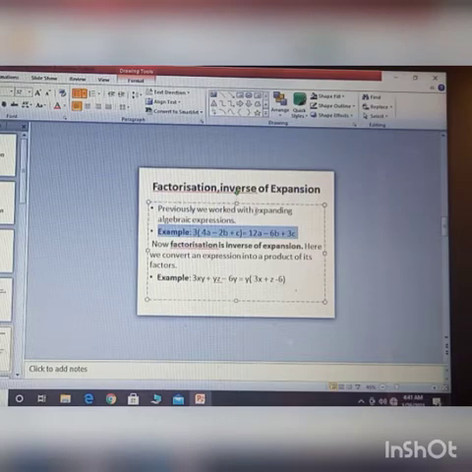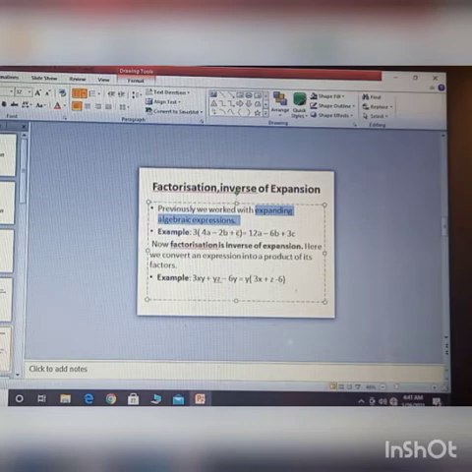The term expansion is used in the question. Expanding this type of expression means you are to multiply 3 with all the elements of the expression. So you will quickly multiply 3 with coefficient 4, 3 with minus 2 and 3 with 1c. In result you will get this expression.